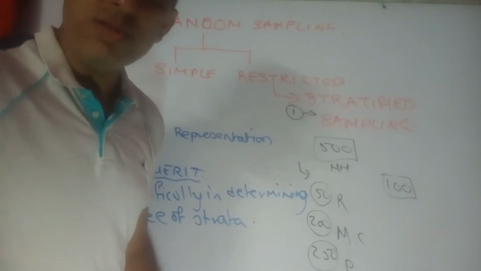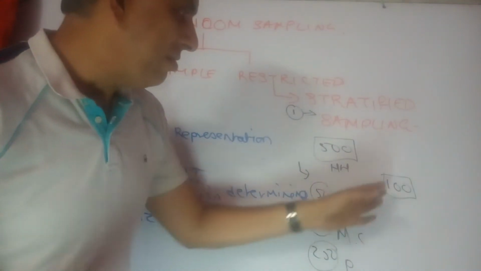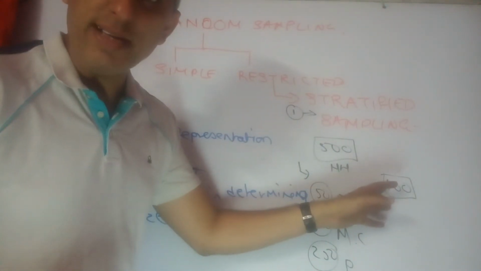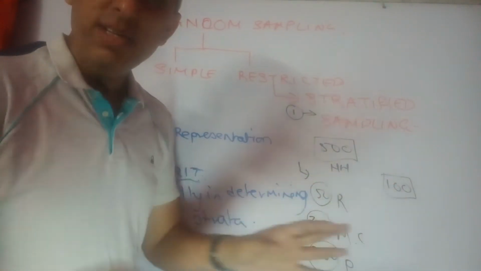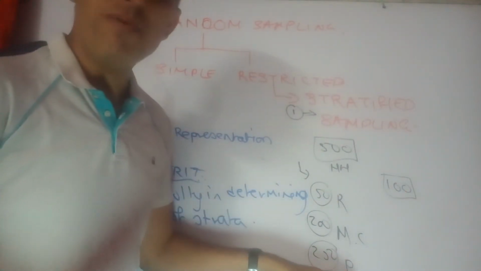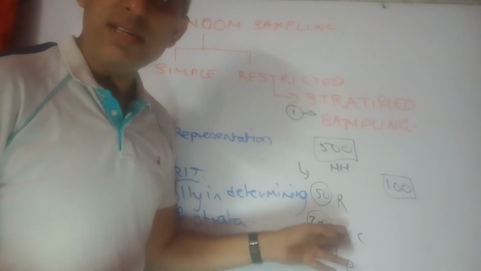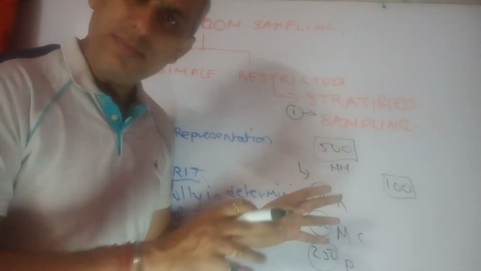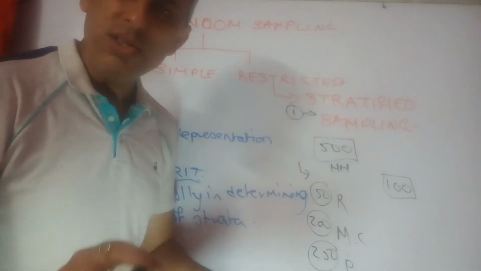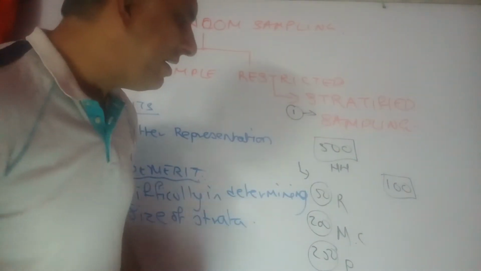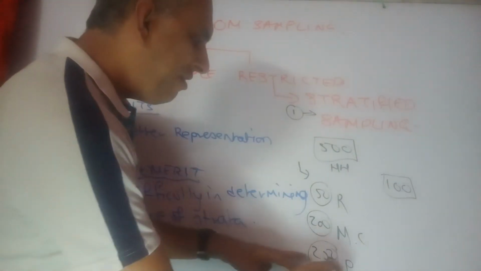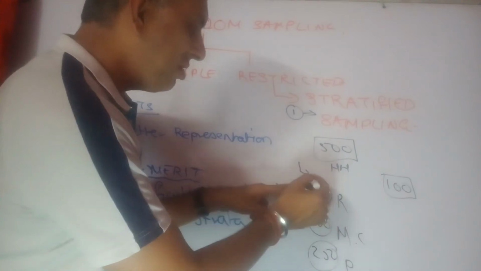So don't you think, students, we should take a sample wherein 100 households are to be taken, the majority of representation should be from the poor segment, less from the middle class, and the lowest from the rich section. Clear?